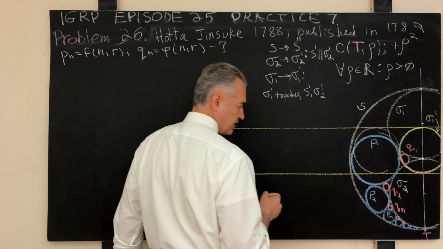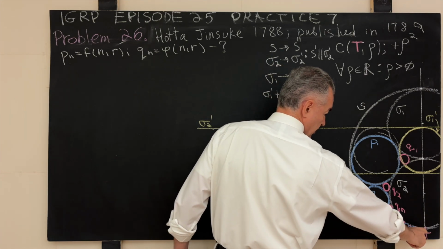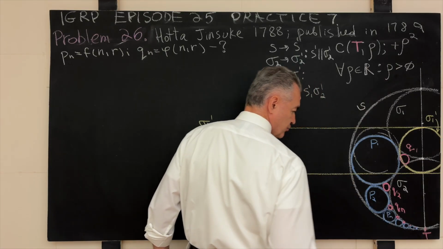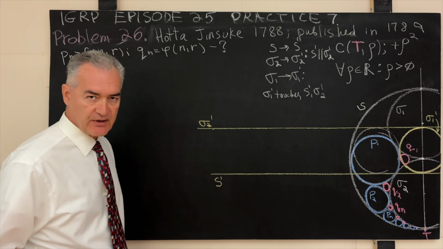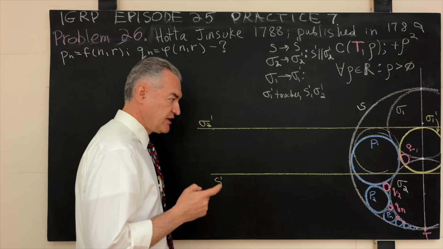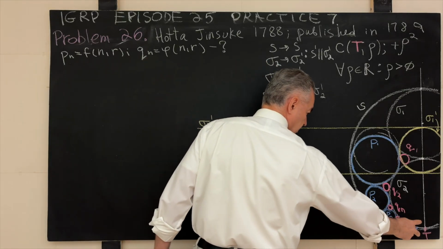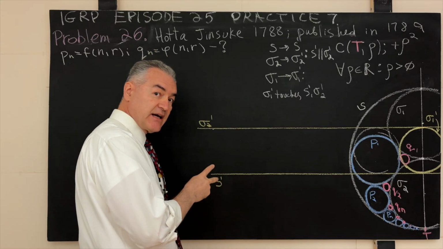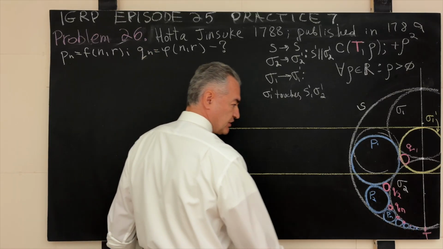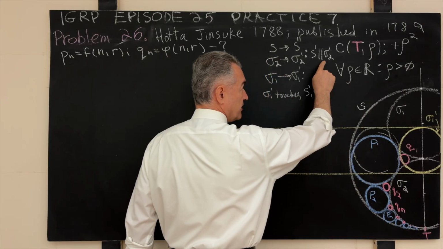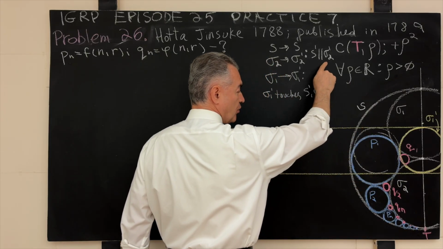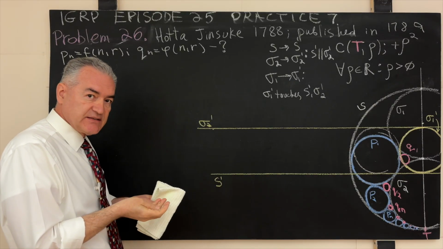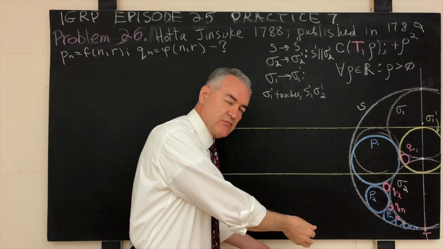Let us think about this together in an expedient fashion. We have two circles, the circle S and the circle sigma 2, passing precisely through the center of inversion based on the corresponding family of theorems. We know that these two tangent circles will be taken into two straight lines, neither of which passes through the center of inversion. And their angular relationship will be the same as the angular relationship between the pre-images.